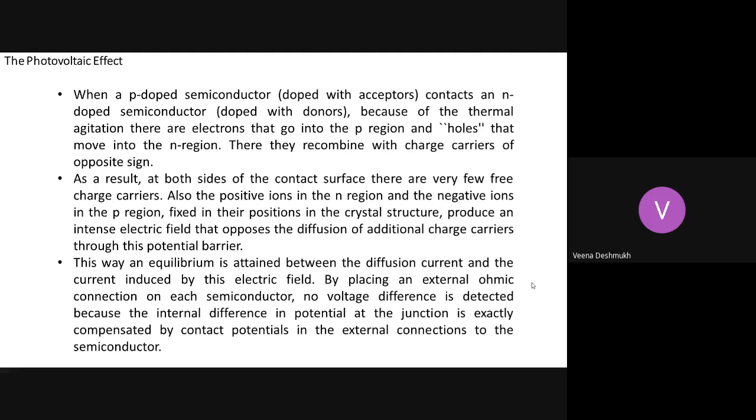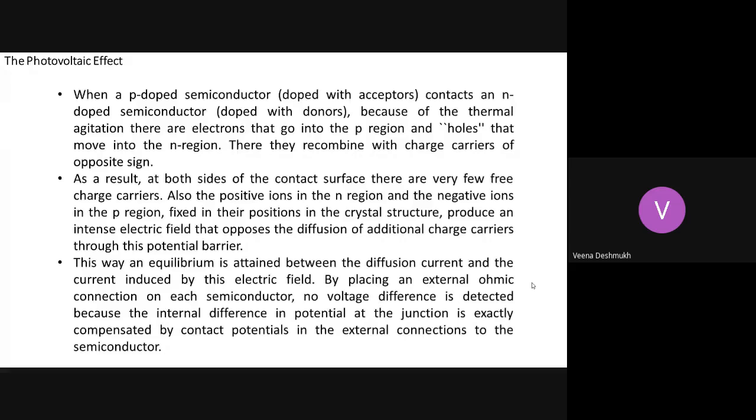When holes move from one region to another, you get the conducting activity. At the junction, the recombination happens. There they recombine with the charge carriers of the opposite side.